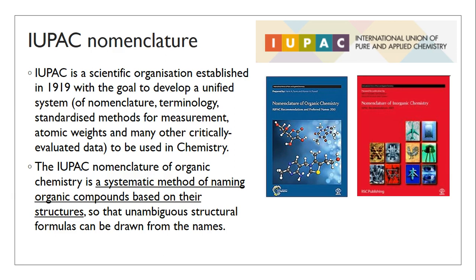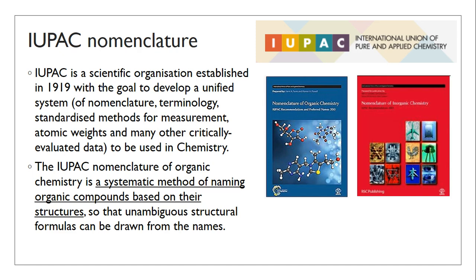Okay, so IUPAC is the International Union of Pure and Applied Chemistry, an organization that was established around 1919, and it's still present. I think the headquarters is in Paris.